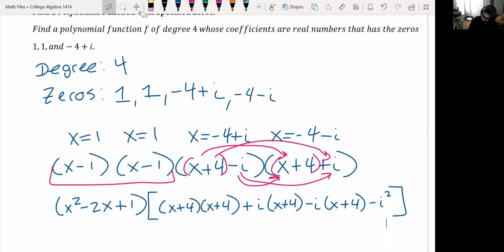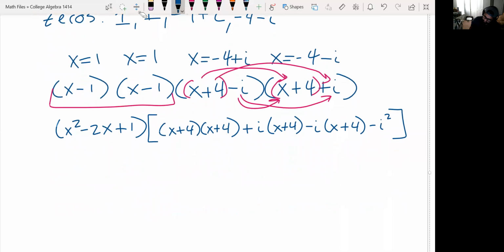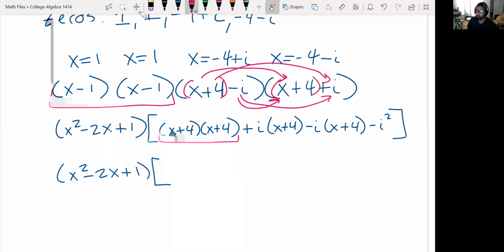Okay, so now, all we have to do is clean up inside the brackets. So this will stay the same, but now we FOIL these 2, which will become x squared plus 8x plus 16.